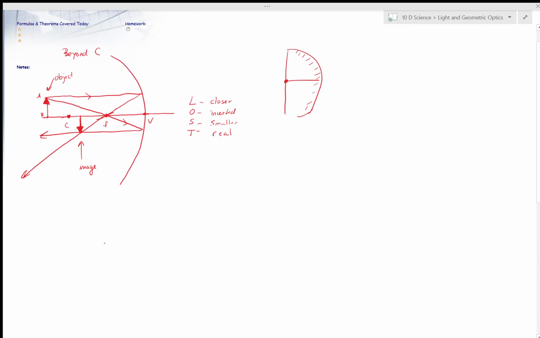The next one I'm going to draw, and we're going to do the exact same process. So we have our principal axis, we have our curve there. Of course, the pen is being a little finicky. We have our focal point, we have our center of curvature.